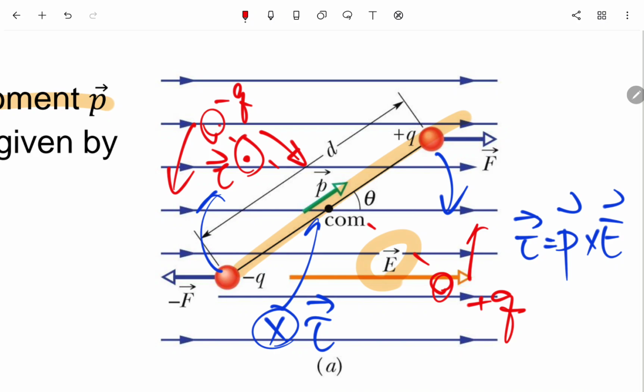At the beginning it is something like this, then it swings to here, and then swings back, going back and forth.